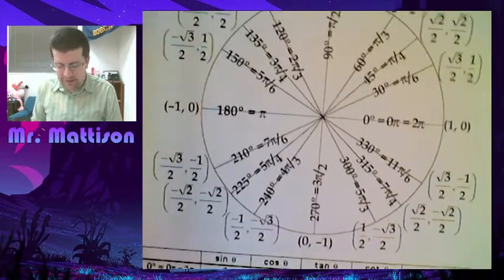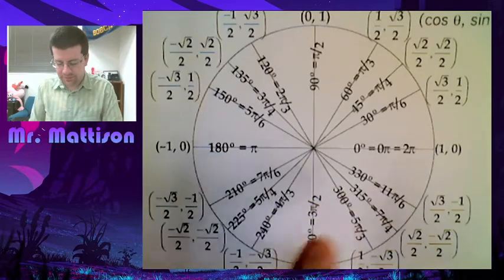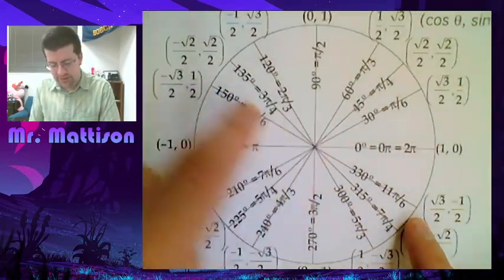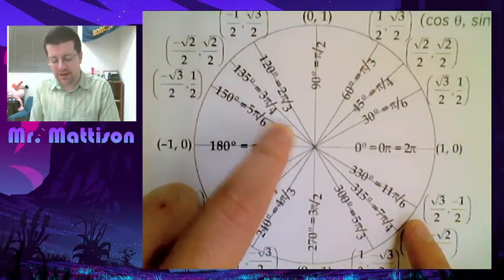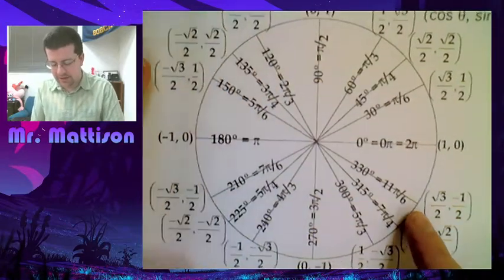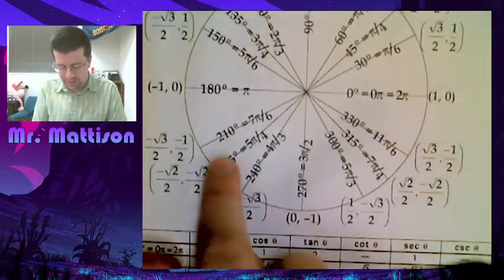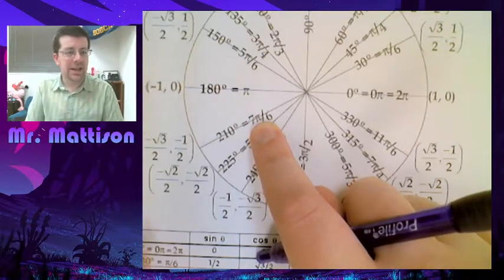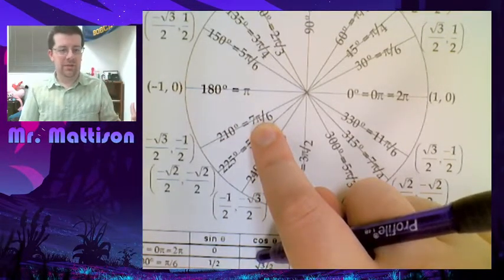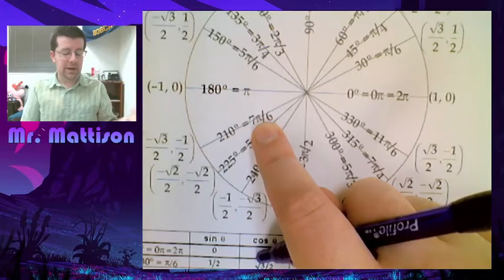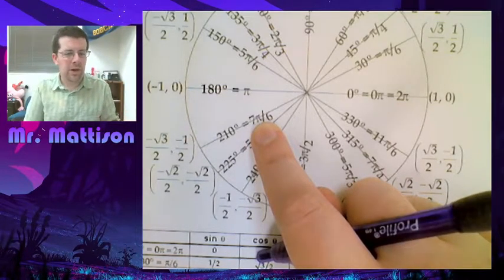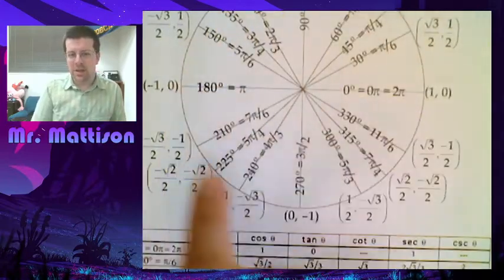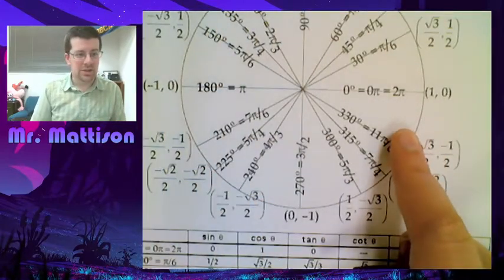Well, positive 5 pi over 6 is this angle here, right? So I want that distance, but in the negative direction. That would put me right here, which is equivalent to 7 pi over 6. Now there is an infinite number of other angles that are equivalent to that, but in general we want to give the one on this unit circle between 0 and 2 pi.